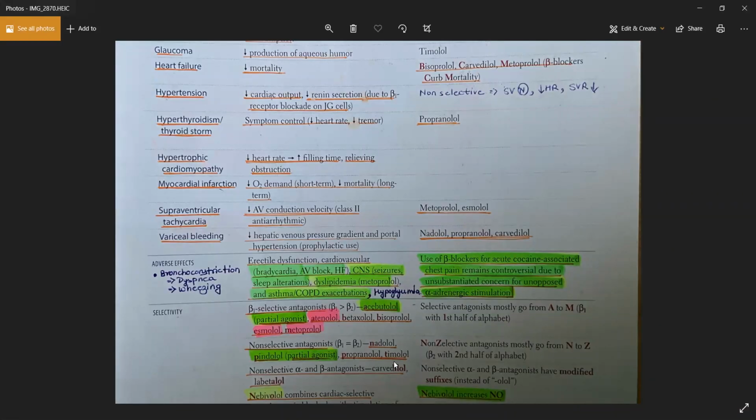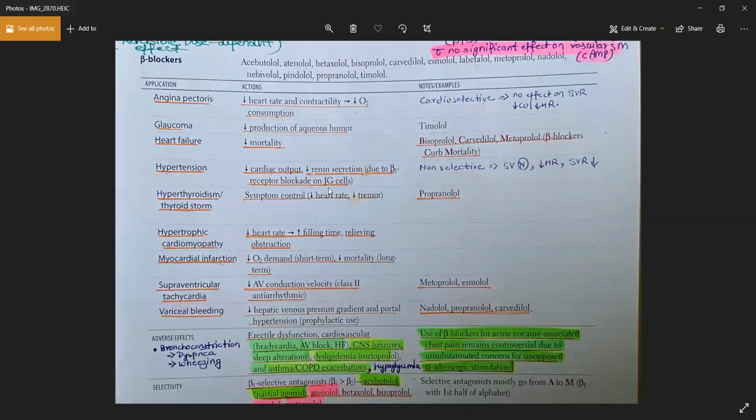They have just lol in their name, like ilol or alol or any other kind of lol, but not olol. So for the beta 1 selective, they have A to M. N to Z, all of them are beta non-selective. And for alpha beta non-selective, they have ilol, alol, or other lol, not olol. That's how it will be very easy for you to understand the names and their functions.